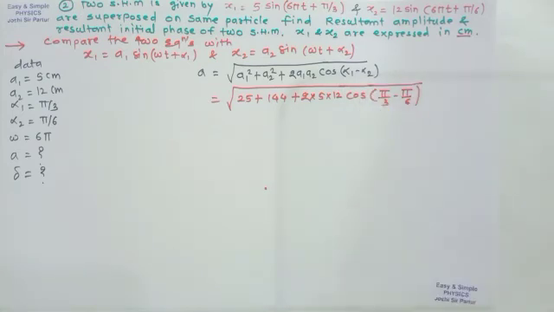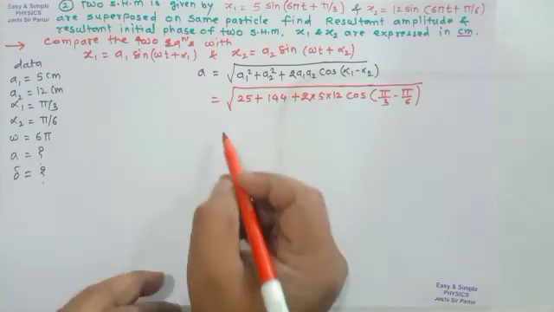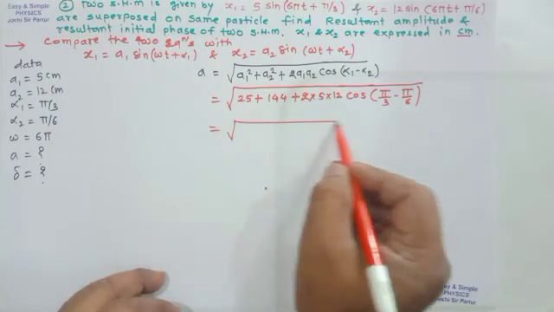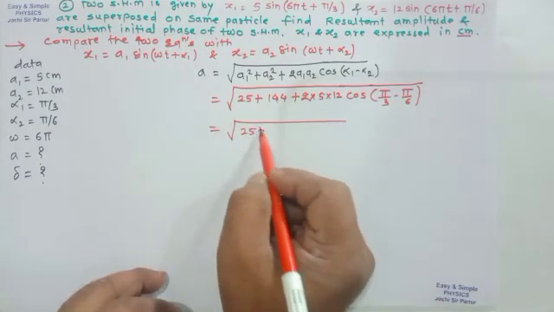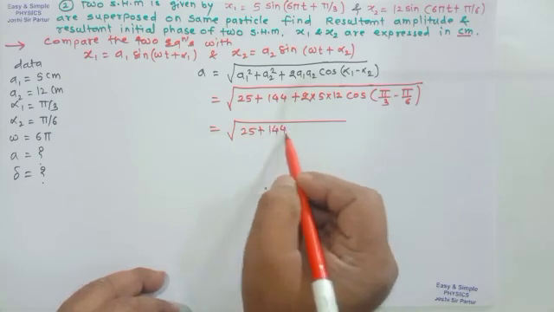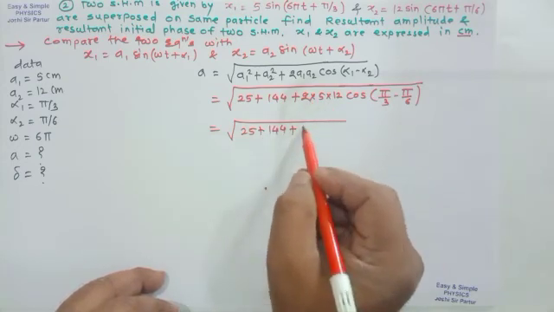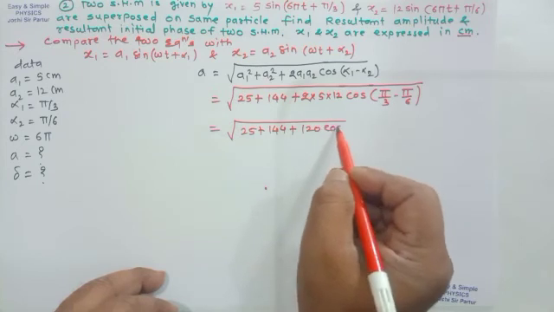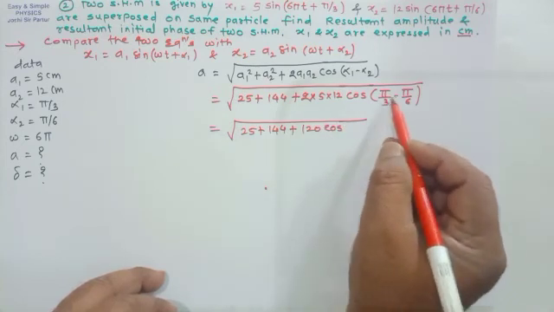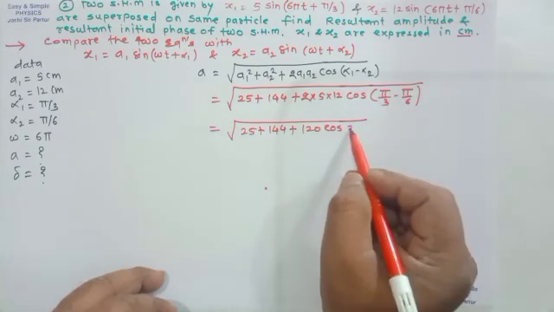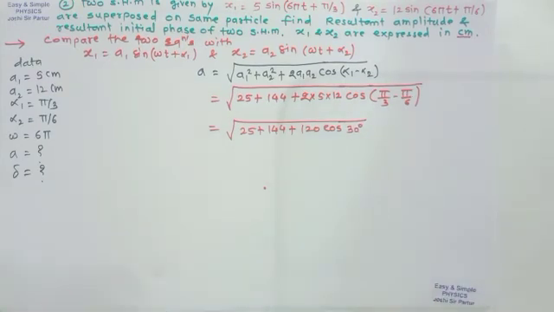We can use 60 minus 30. It will be the square root of 25 plus 144 plus 120 cos of (60 minus 30), which is cos of 30 degree.